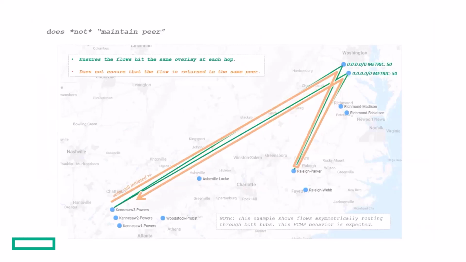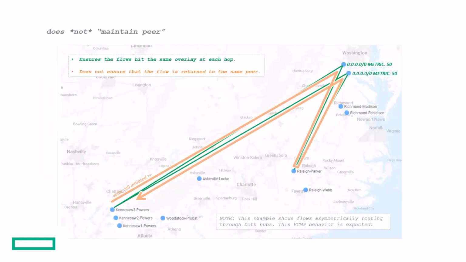Now, what this doesn't do is maintain peer. This is related to that thing I was talking about a second ago, in that if you have two different hubs that have the same metric, in this case we're announcing 20000/50s or /zeros with metric 50, we're only maintaining the overlay, not the peer.